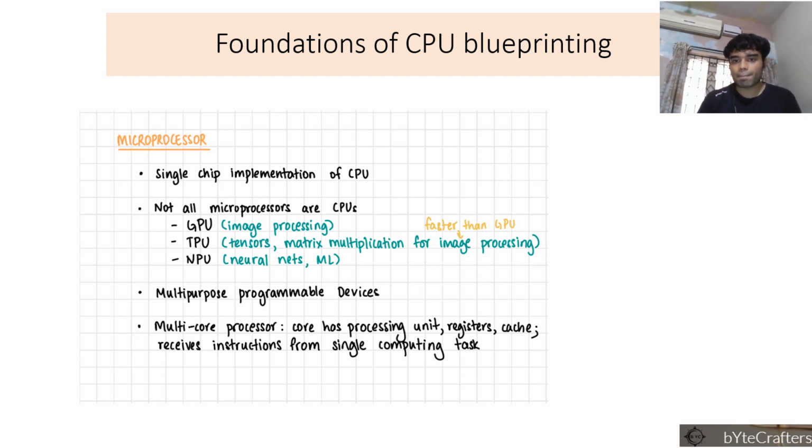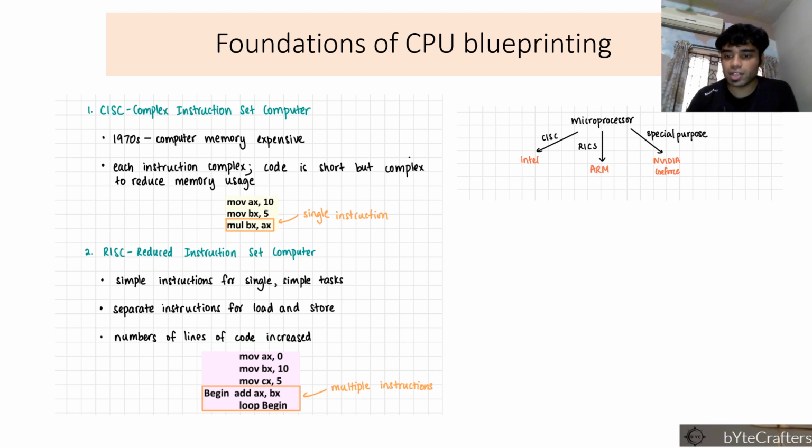Now we move on to see the types of microprocessors. Here we have three types: CISC, RISC, and special purpose. CISC stands for complex instruction set computer, and RISC stands for reduced instruction set computer.